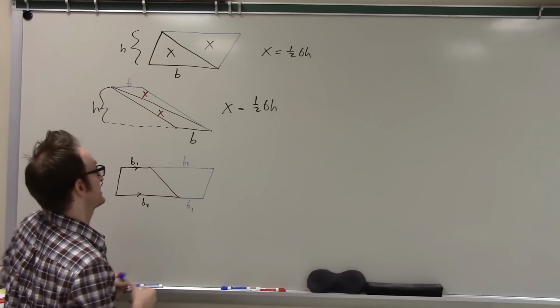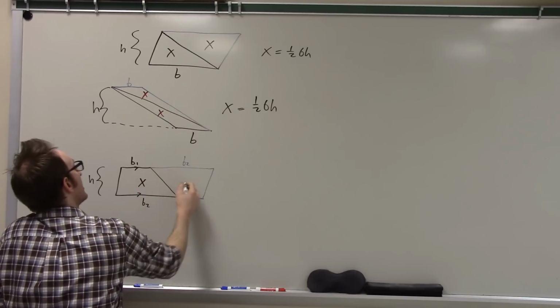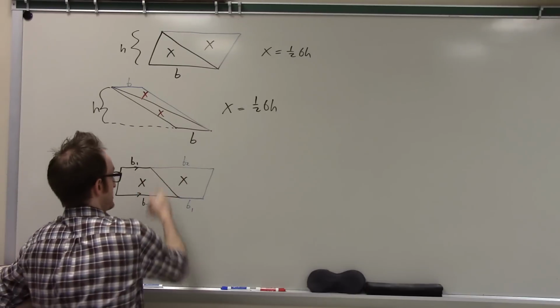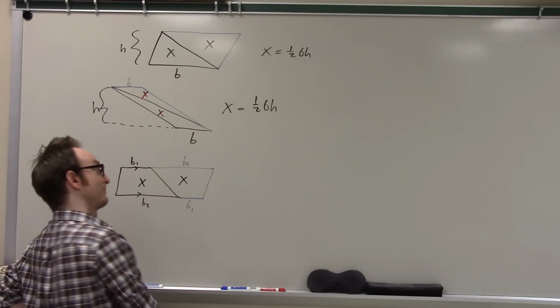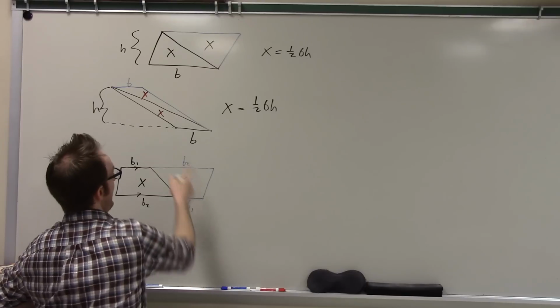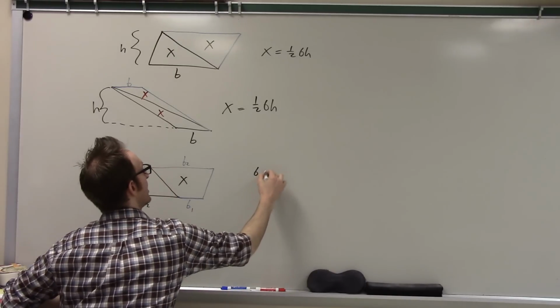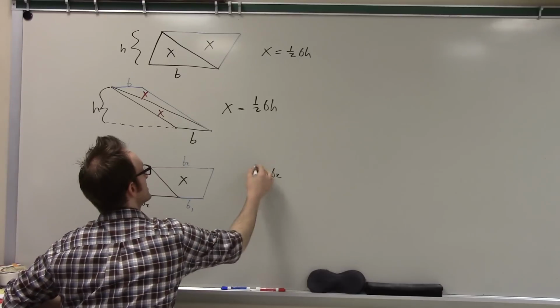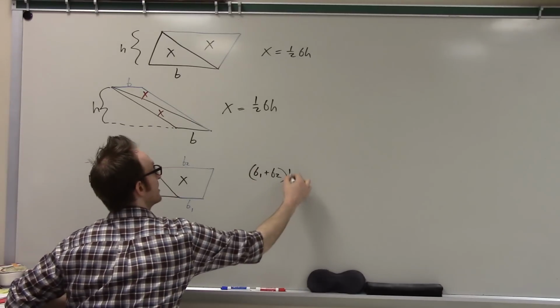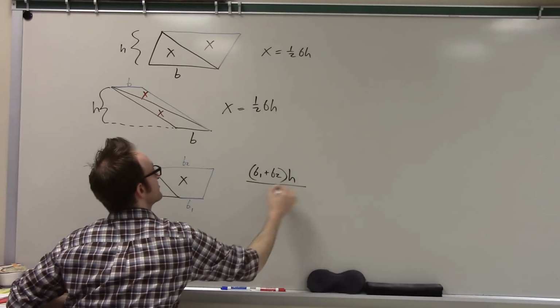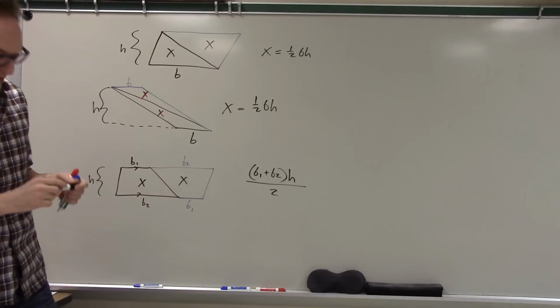The mysterious area of this trapezoid, which I can call X, is over here, and of course, this is now just a parallelogram. And so the area of the parallelogram is B1 plus B2 times H, and so the area of the trapezoid is just half of that. So we get the trapezoid formula.